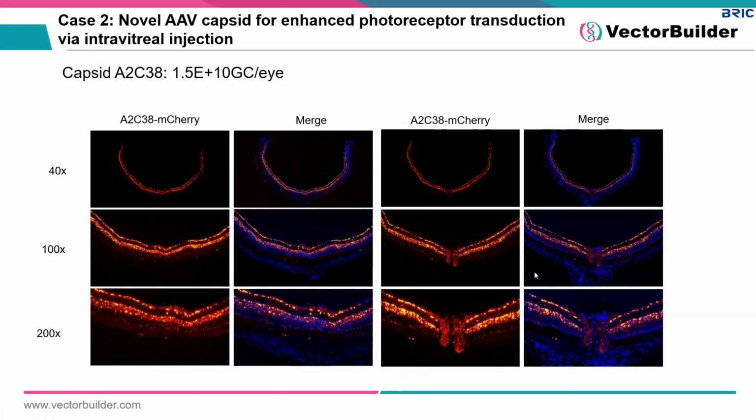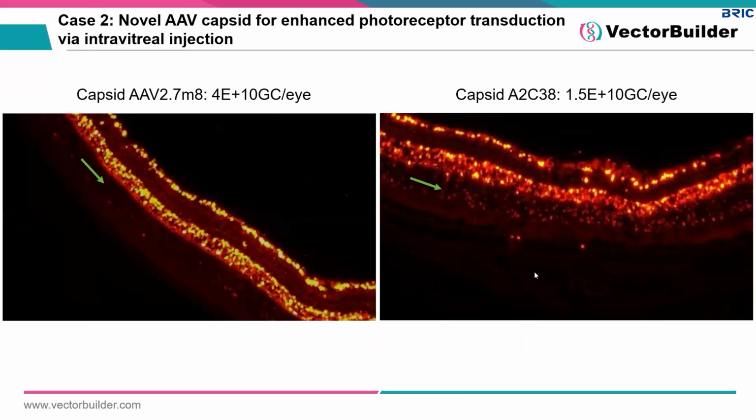When we compare these two mutants, we see very similar transduction efficiency in vivo. But for our mutants, we injected a much lower dose. So this would greatly enhance the safety of the application of these capsids in the future if therapeutic goals are meant to be pursued with these capsid mutants.